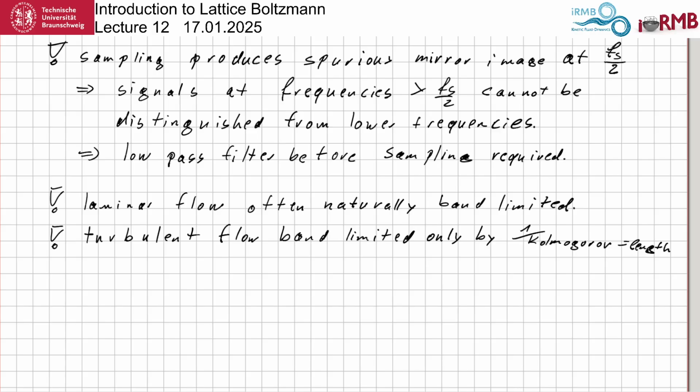The reason is they don't have overlapping nodes. They never have overlapping nodes. The grids are staggered. Staggered means they are not overlapping. They are always displaced against each other. So they always have to interpolate.